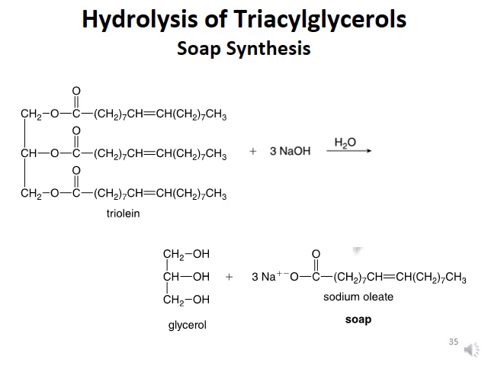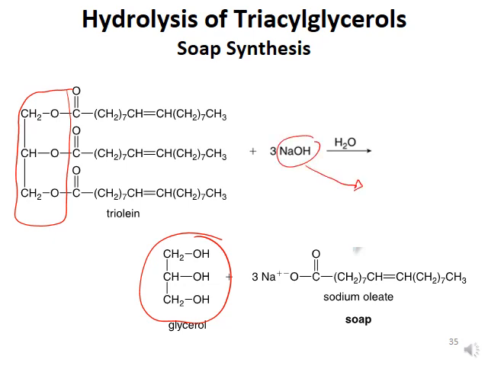So how does this work in particular? 3 sodium hydroxides in the presence of water come along, and what are we going to do? We're going to chop off this again. We're going to make the glycerol, so it got an H. And then what comes on, because in base, you're not going to make the acid, you're going to make the salt.